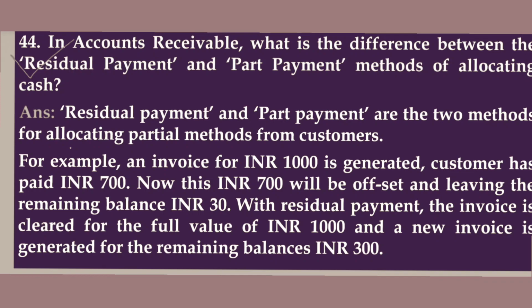With part payment, this INR 700 will be offset, leaving the remaining balance of INR 300 on the invoice. With residual payment, the invoice is cleared for the full value of INR 1000 and a new invoice is generated for the remaining balance, that is INR 300.